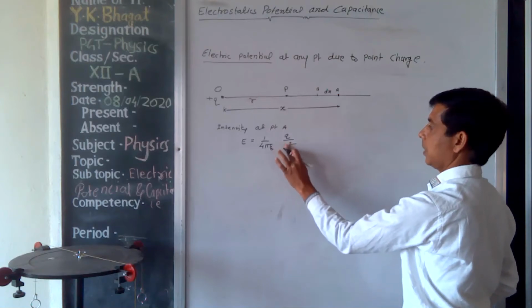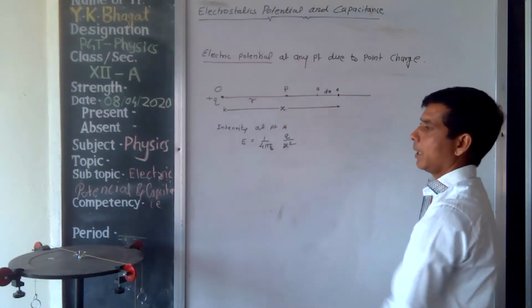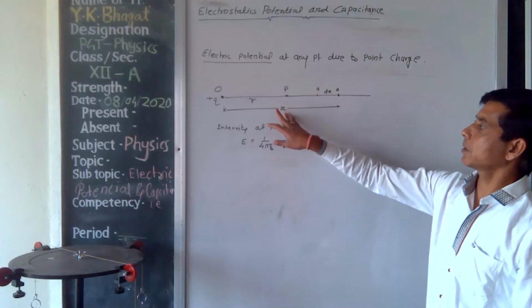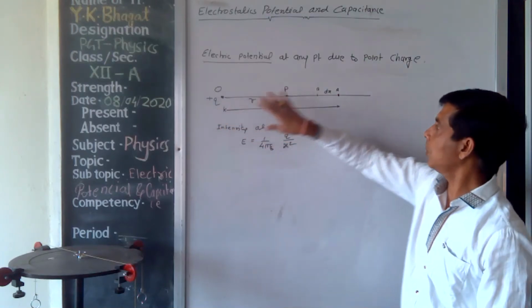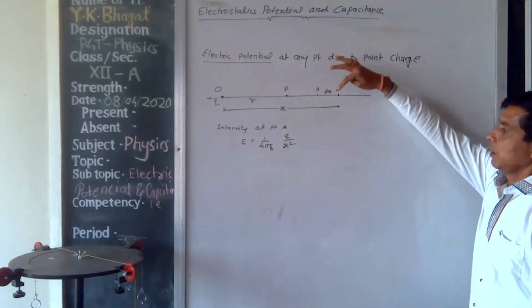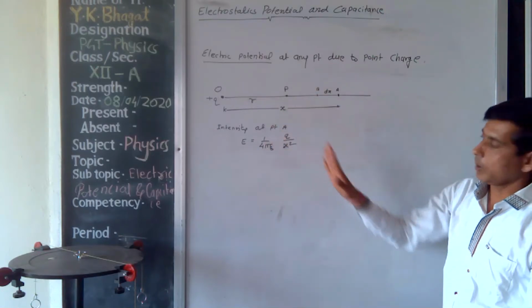Sorry, in place of R, x is to be taken because x is the distance from point O to A. It is the intensity at point A.